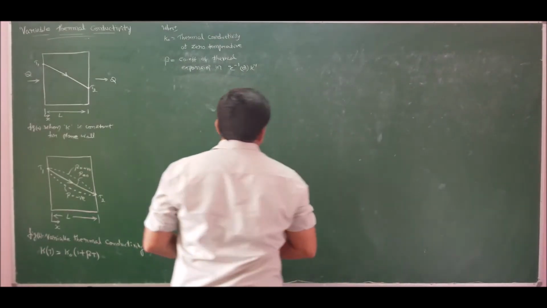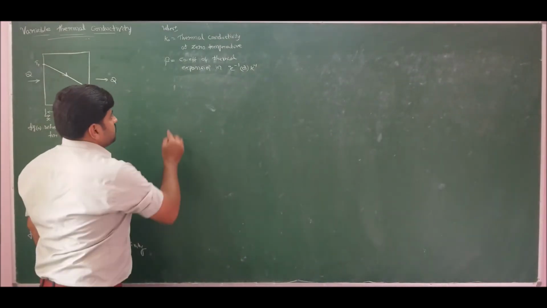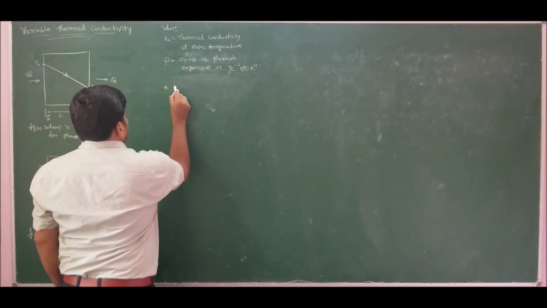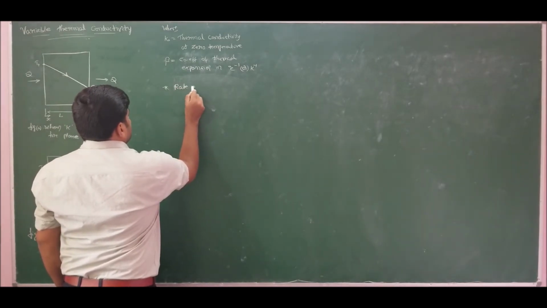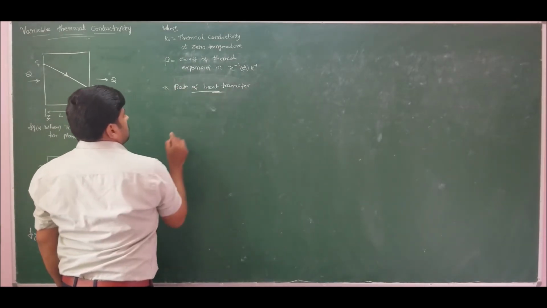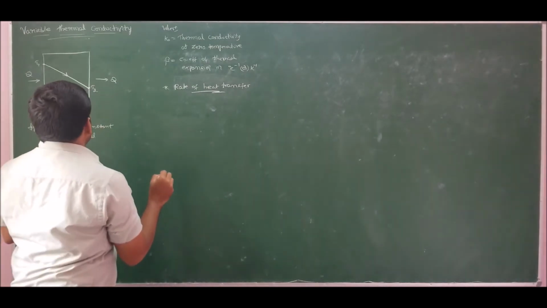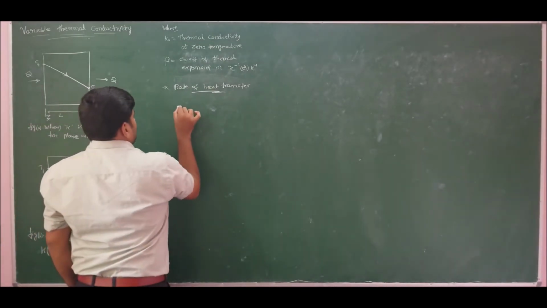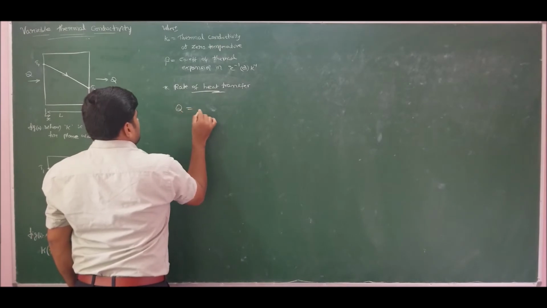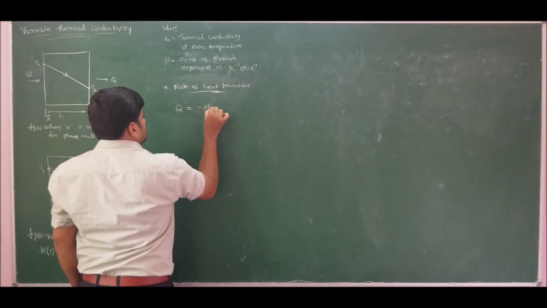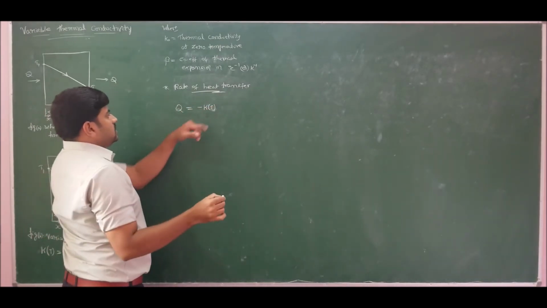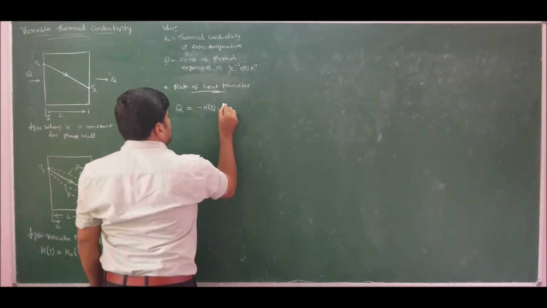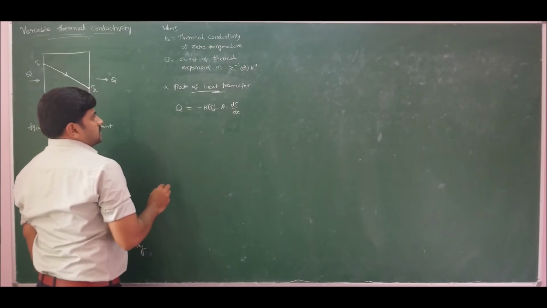Now moving ahead, we have determined the expression for temperature distribution. Now if I move to rate of heat transfer, you have to find the rate of heat transfer equation for variable thermal conductivity. We have rate of heat transfer Q is equal to minus thermal conductivity, which is a function of temperature, times the area times dt by dx.